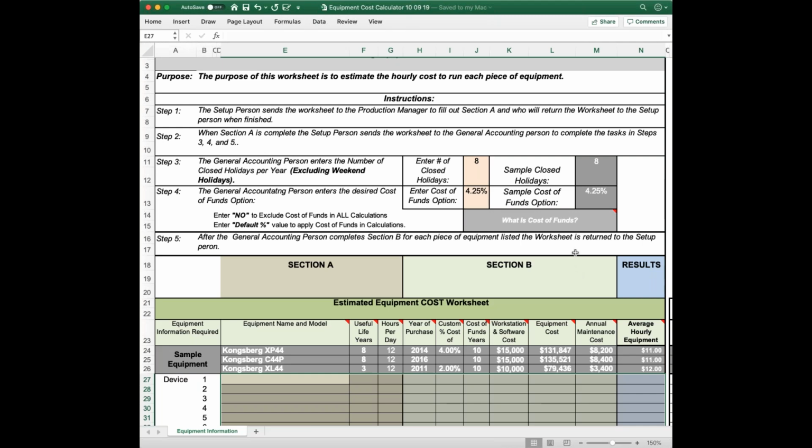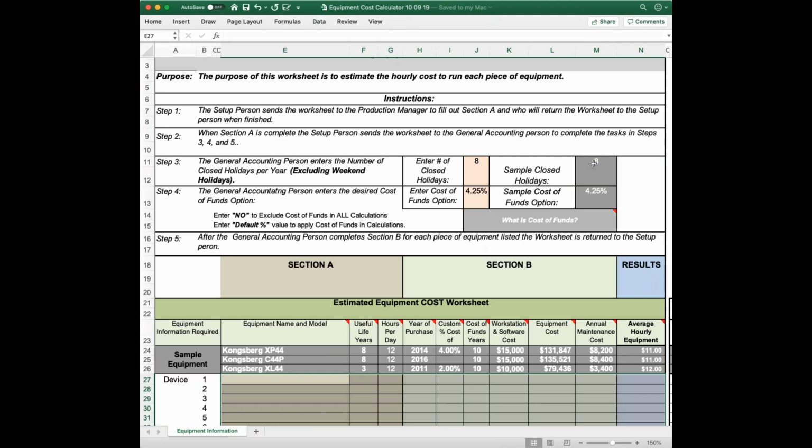Now let's comment on what you see in the black or the dark gray areas here, and then these 3 here. Those are samples. They're simply entered to give you a perspective of how it works.